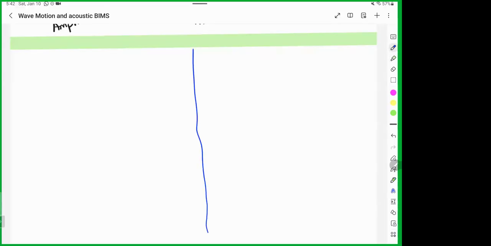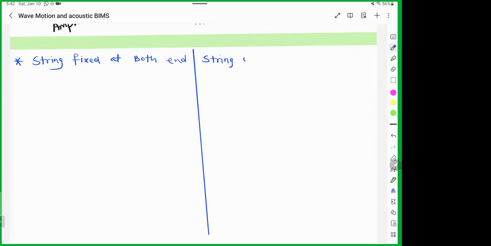We are studying two things together. One, string fixed at both ends. And second, string with one end free. These are the two situations.